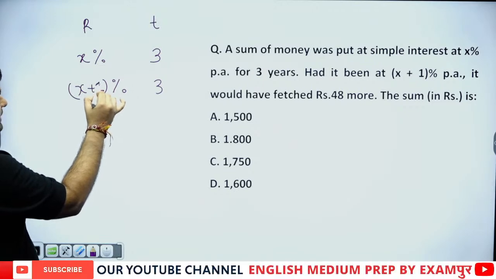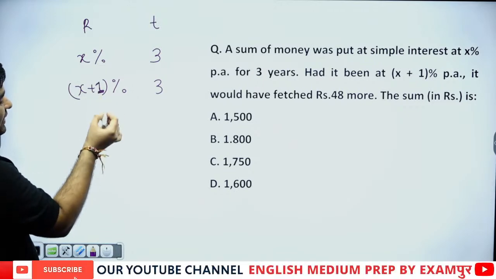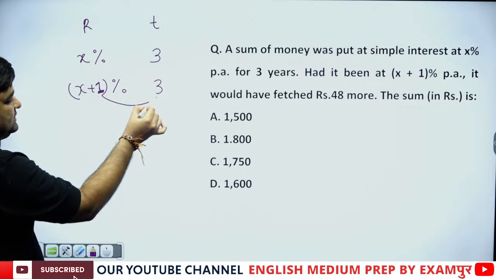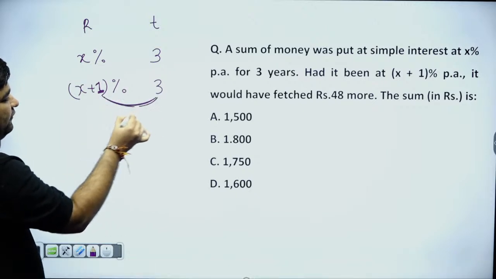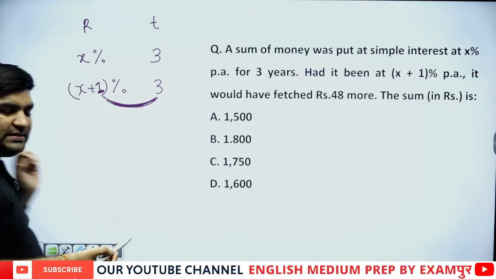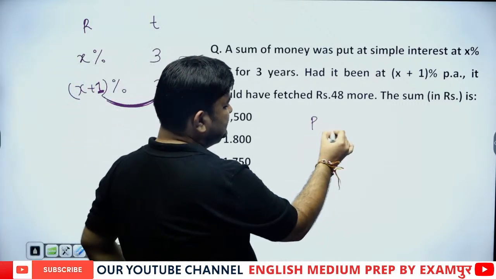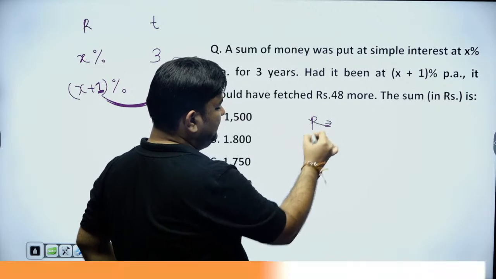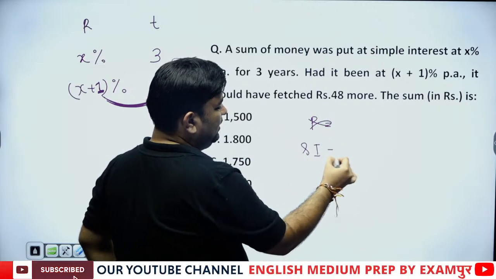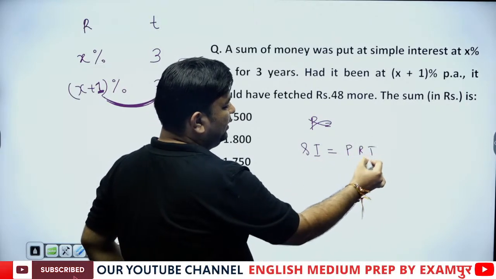Rate is 1% more. Simple interest is R into T. What is simple interest? RT% of principal, since SI is PRT upon 100.